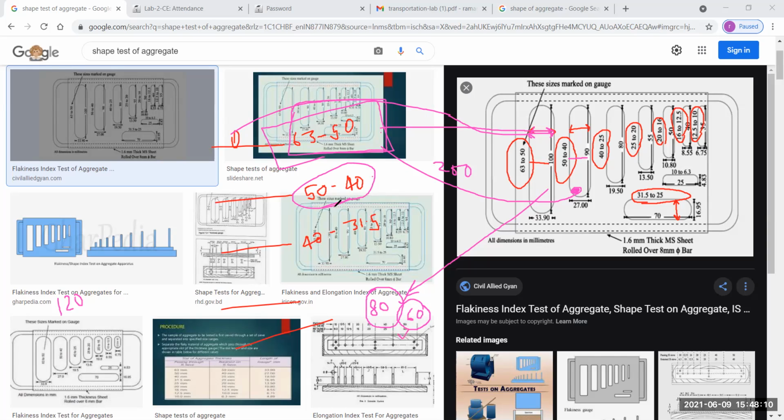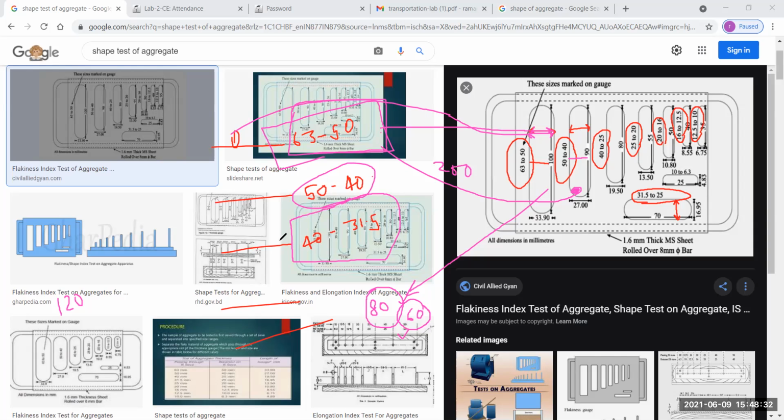So the fraction of aggregate, that means the 200 aggregate, is passing turn by turn, one by one, through those particular slots whose sizes are already marked on the gauge and also given in fraction form.